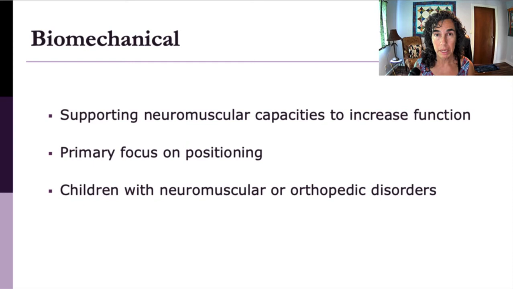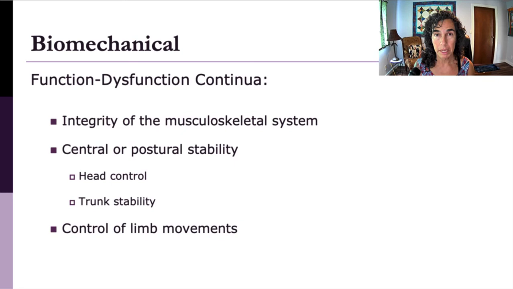So this supports the capacities of the person to increase their own function. The primary focus is on positioning. So with motor skills acquisition, it's on movement and motor skills. This is on positioning. It's used for children with neuromuscular and orthopedic disorders. Again, there's a function-dysfunction continuum.